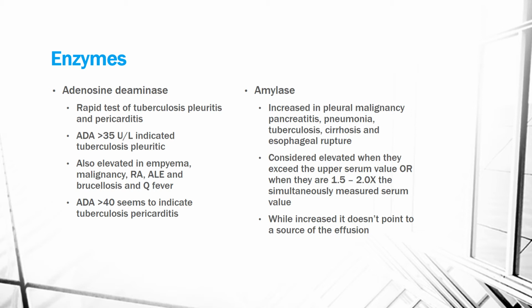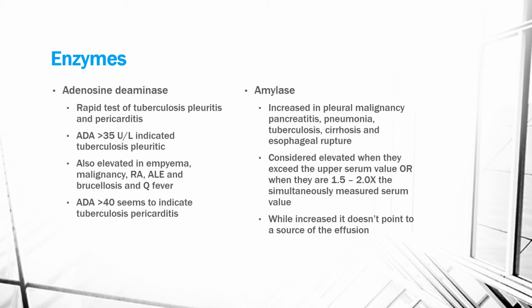Okay, enzymes. There are enzymes that we might do on pleural fluids in particular, less commonly in pericardial fluids. The one that springs to mind is adenosine deaminase, or ADA, which we do as another screening test for patients who have tuberculosis.